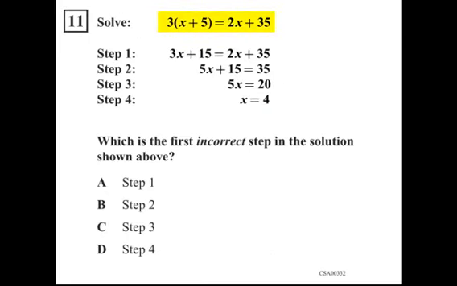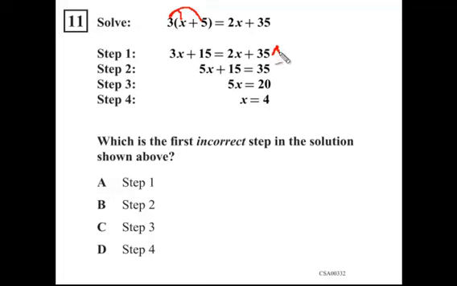Number 11. Solve: 3 times x plus 5 equals 2x plus 35. Which is the first incorrect step in the solution above? The first step is to distribute. 3 times x is 3x. 3 times 5 is 15, equals 2x plus 35.